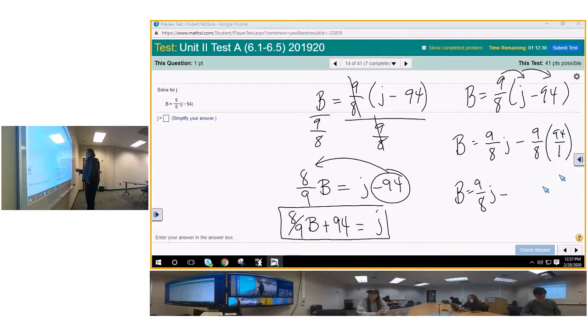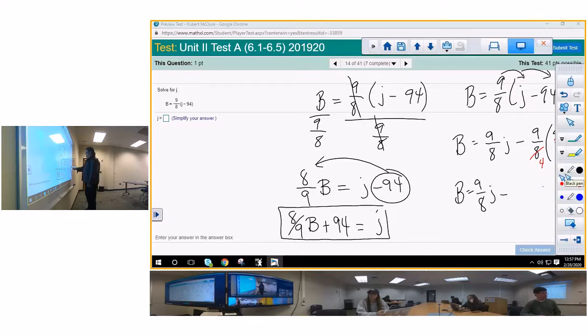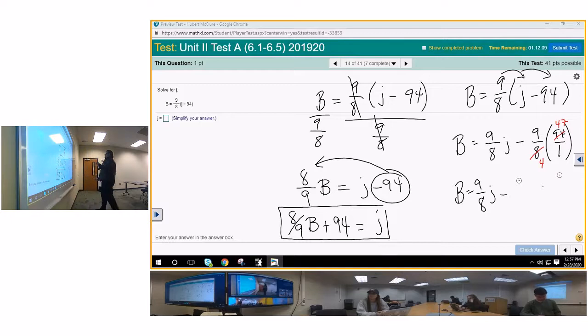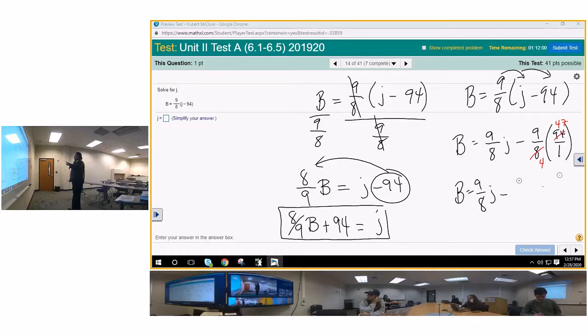No, 4 won't go in there, so 2. 2 and 4 will go in there, what? 47 times, right? I think. And that's going to be negative 47 times 9, yeah, that's going to be a mess. 9 times 47, 9 times 7 is 63, so that's going to be 423. Somebody check my math. 9 times 47? 423. And that's going to be your answer there.